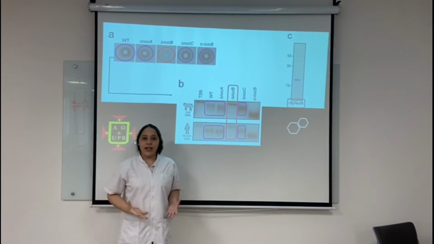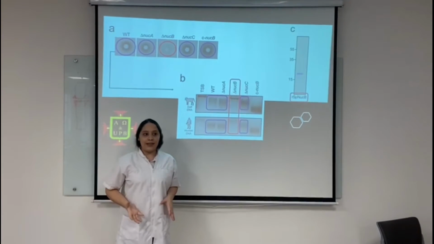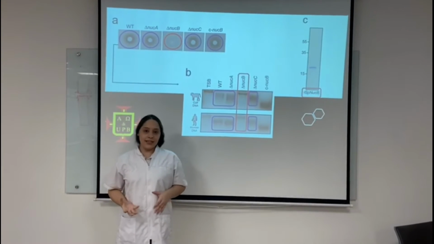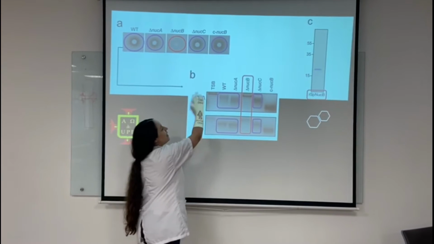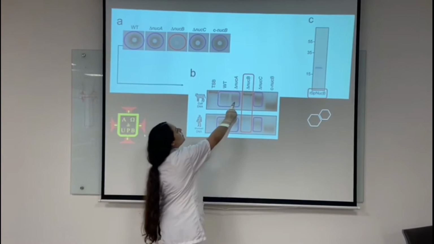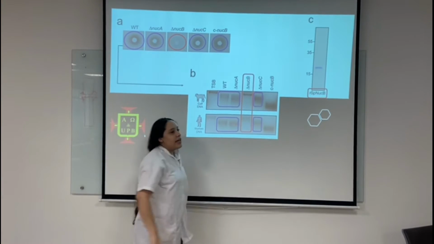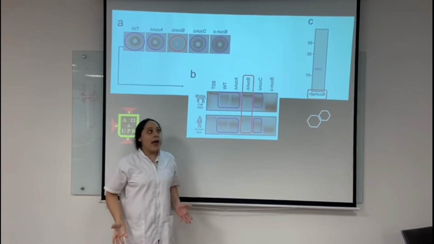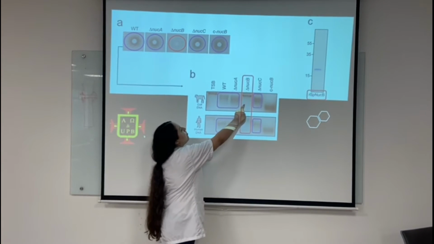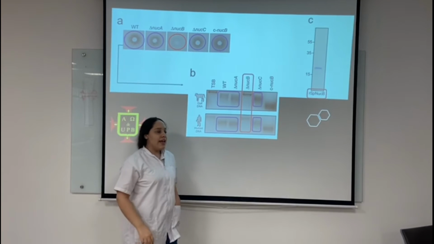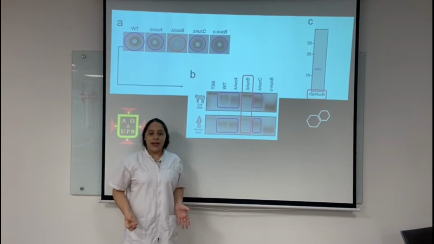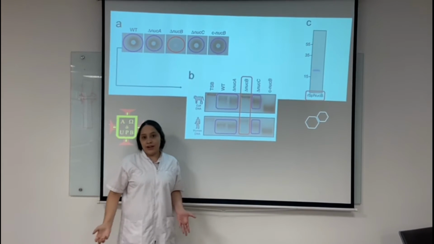This is important because during the experiment, they search by removing this gene. When we remove mu A and mu C, they don't show important results. But when we remove mu B, there is a decrease of nuclease activity.